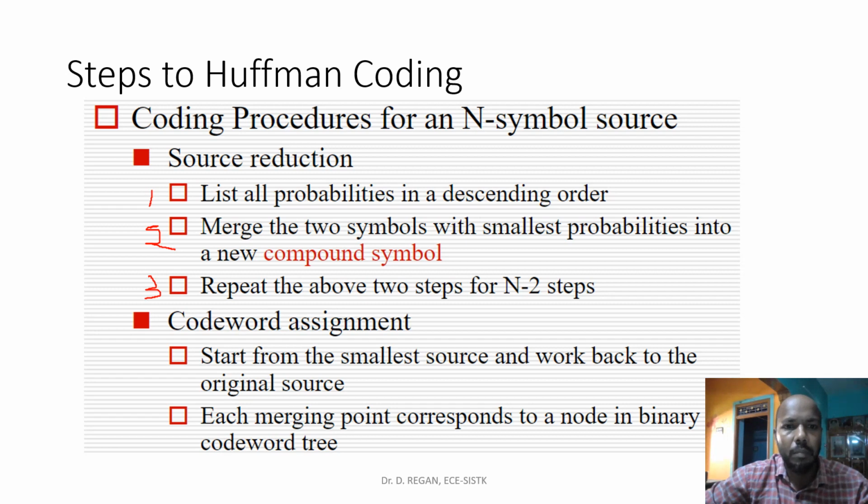In code word assignment, we assign binary codes 0 and 1 from the last two symbols to all the symbols, in a backward manner. So we start from the smallest source and work back to the original source. From that we will find the code word for each symbol. So let's see this Huffman coding for a given source with one example.